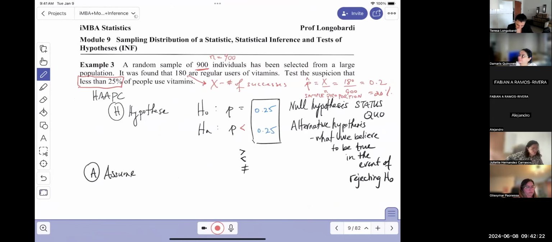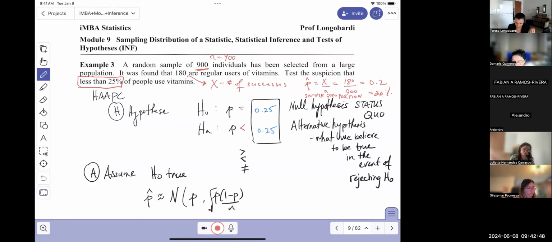Okay, assume H naught is true. We can't do anything unless we assume that. So if that's true, then P hat is approximately normal with a mean of P, go back to number 2 on the formula sheet, and a standard deviation of the square root of P times 1 minus P over N. But I don't know P. I'm going to hypothesize that it's P0, you see.